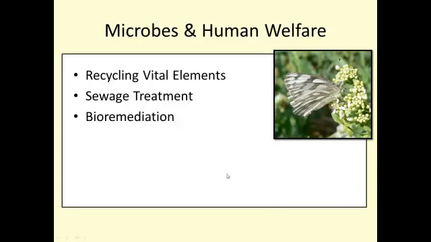Bioremediation. This is a fancy word for, for example, cleaning up oil spills. With the Gulf oil spill that we had just recently, that eclipsed the previously bad oil spill that we had when the Exxon Valdez ran aground off of the Alaska coast.